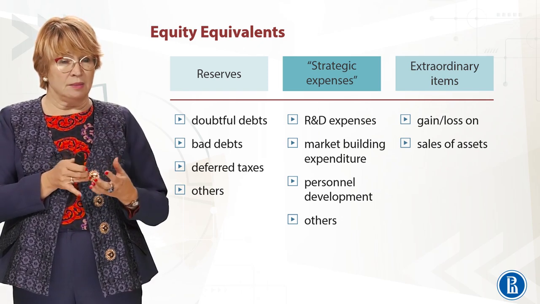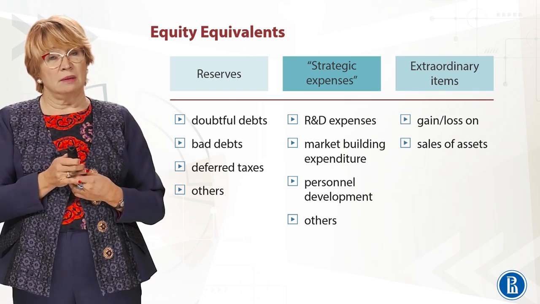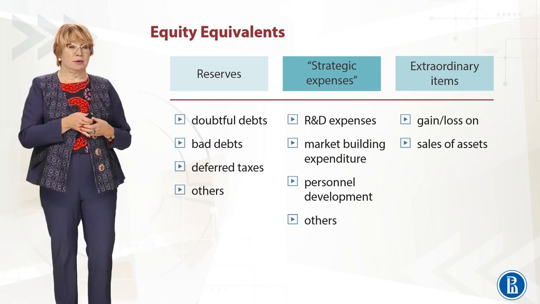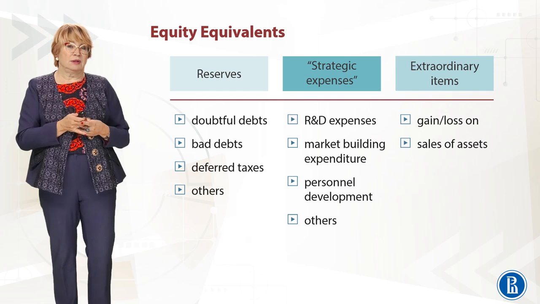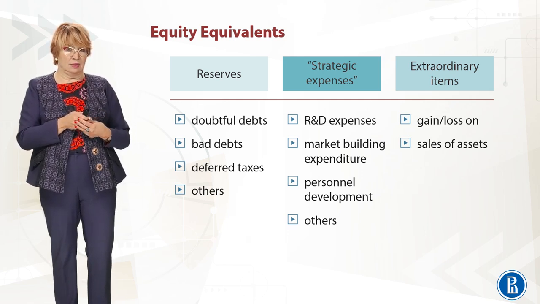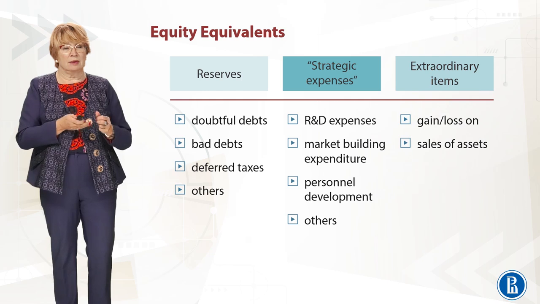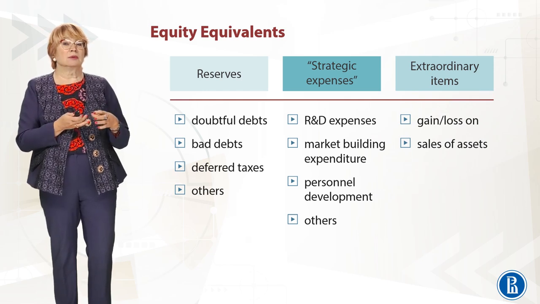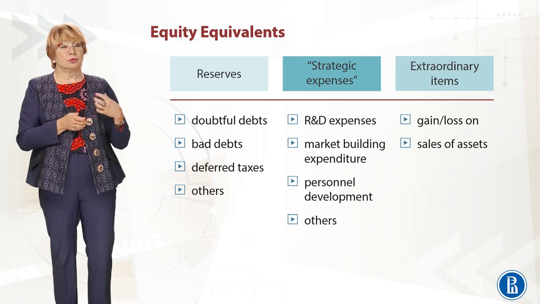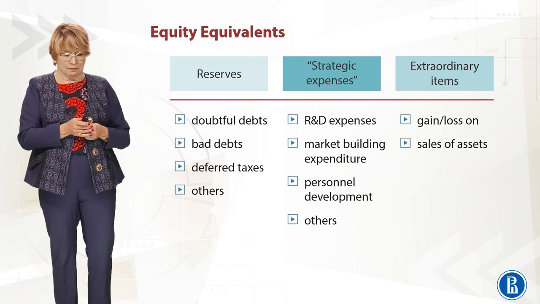But we should start computations of our economic profit within that conception of EVA, economic value added, with the net operating profit after tax. So we need to get rid of these extraordinary items because they are not due to the regular operating activity. In case of gain, we need to subtract that gain, let's say, on sales of vessels, because it's not your operating result and it's not a regular action. In case of loss, you need to add it back.